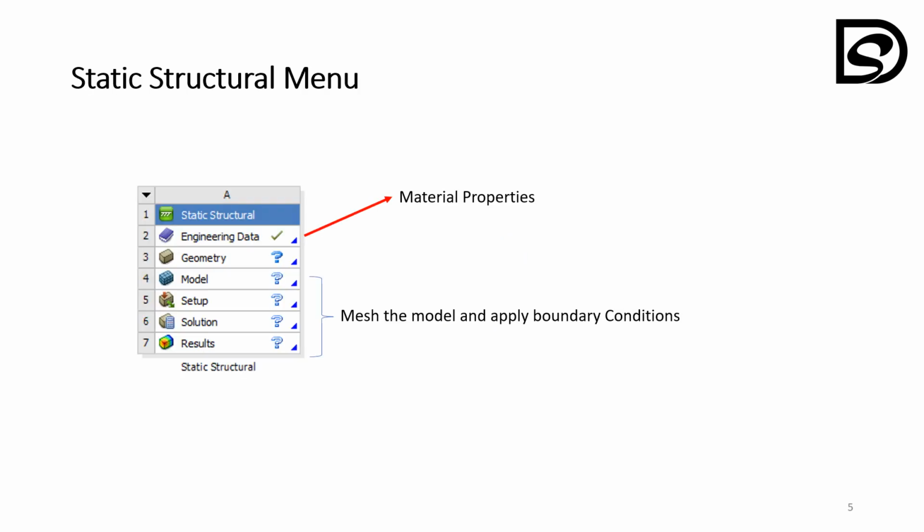I just zoomed in, and now you can see every menu clearly. In static structural, we have engineering data, which is the tab where the material properties are defined. Then we will download or create a geometry, then model, then setup and solution, and we'll go step by step.